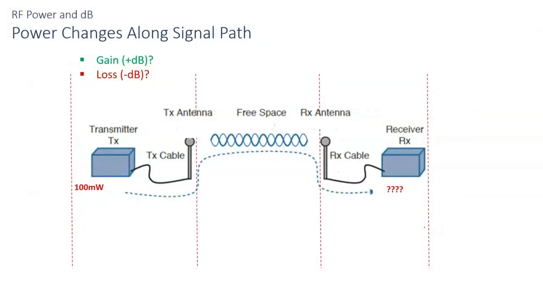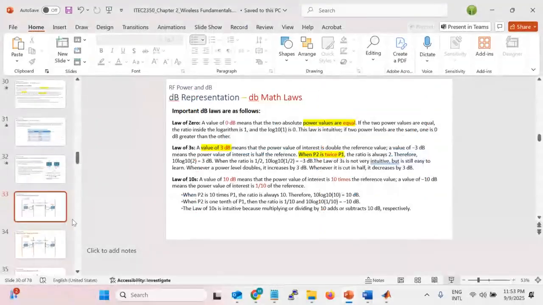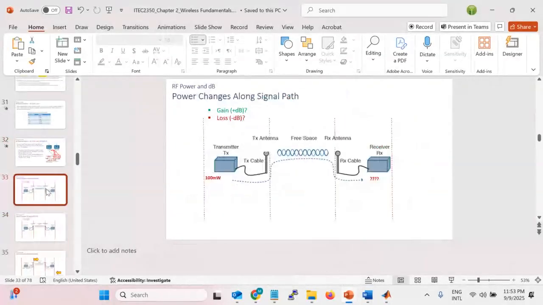Let us take an example: how the power changes along the signal path. Here, I need to measure the EIRP. What is the EIRP? Who knows? It is the effective isotropic radiated power.